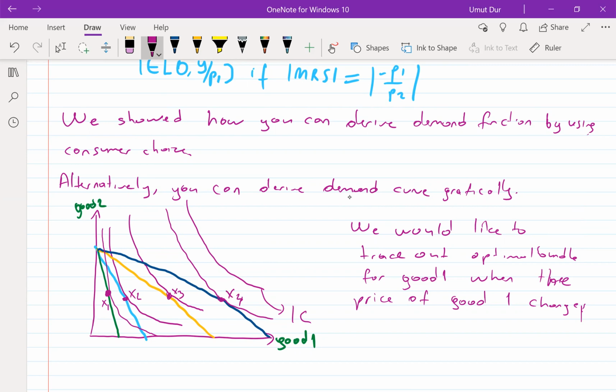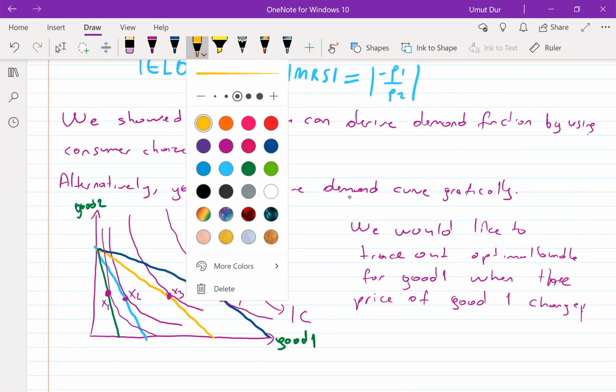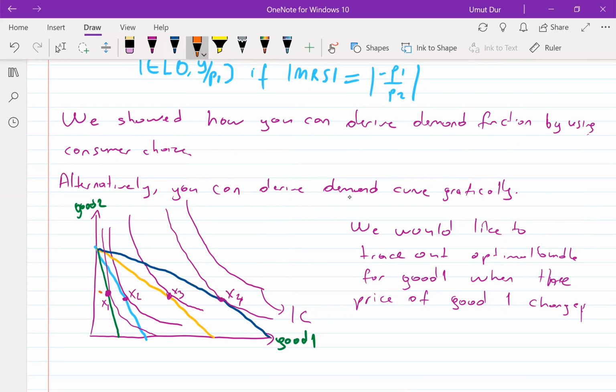Then I can connect those bundles. Let me use orange one here. I can connect those bundles here, and we call this the price consumption curve.